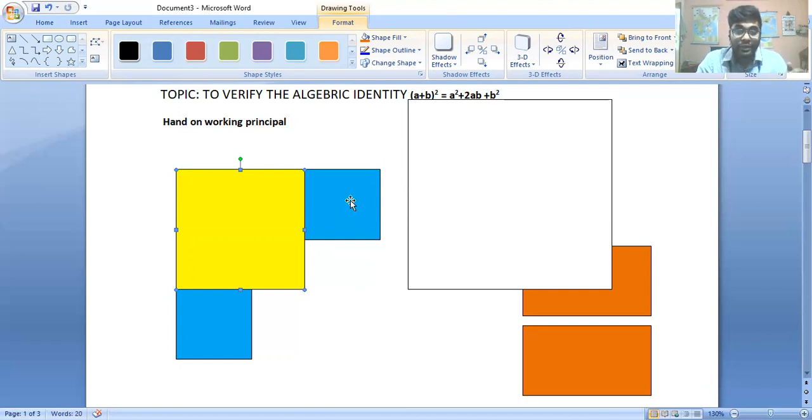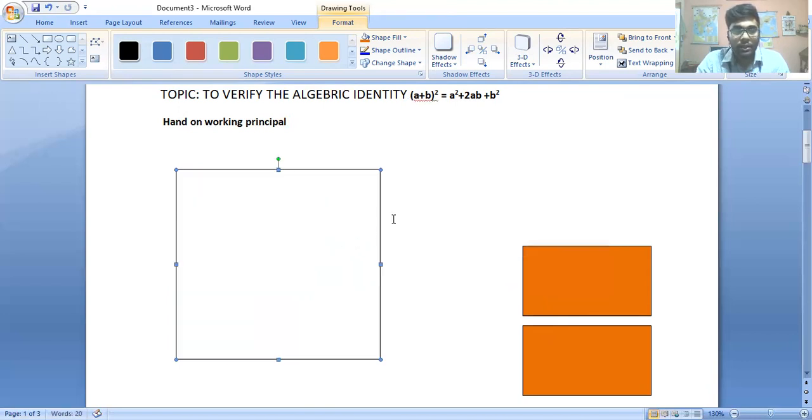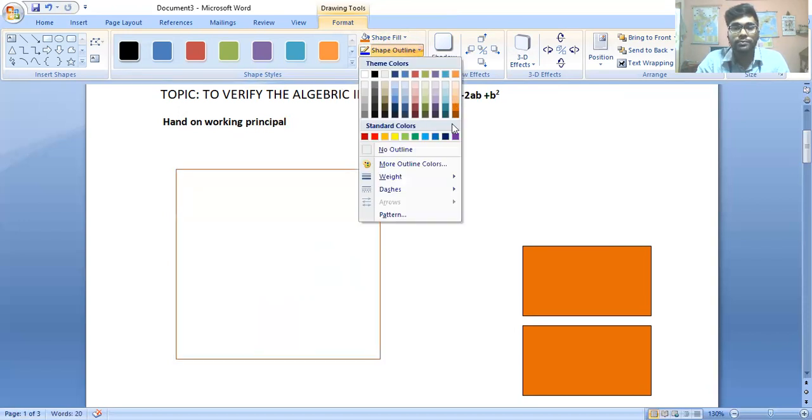So that's why I needed 2. But in your practicality, in your activity, you don't need 2. You just need 1 square of 4 centimeter. Okay, length. Okay, then. So as you can see, I have made this one. The area will be what? 6 plus 4, 10. So 10 whole square. So here I'm giving it an outline.